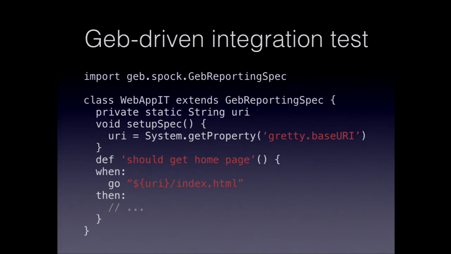How do you implement a Geb-based integration test module? All you have to do is extend this specification, Geb reporting spec, and then you write your test functions. Test functions follow this when-then metaphor of Spock. Please learn about the Spock framework on the network.